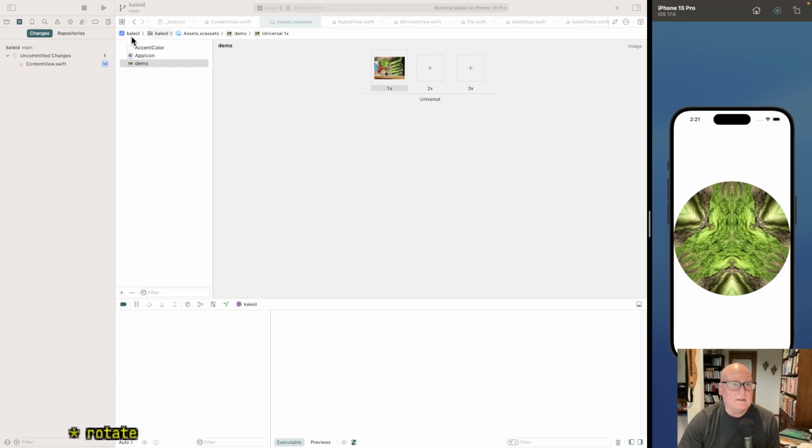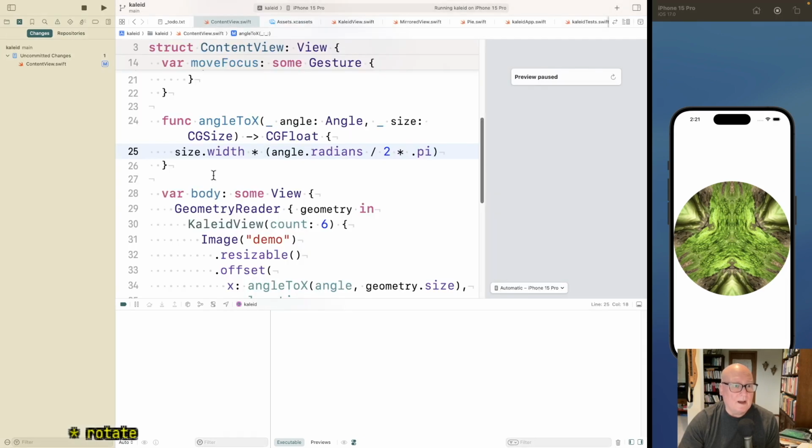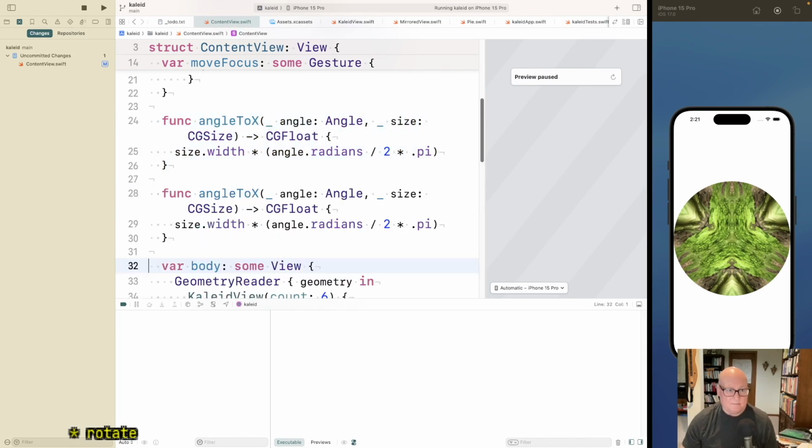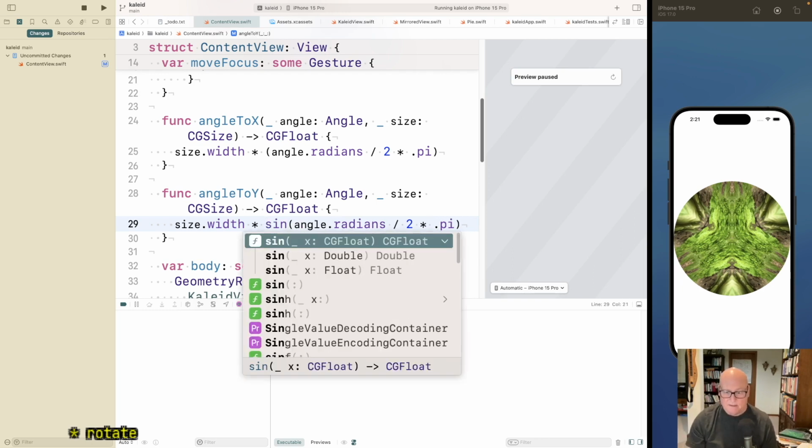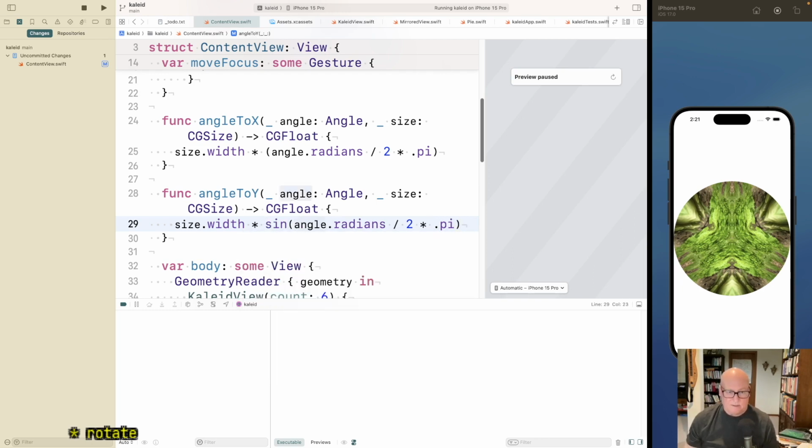All right, and let's try the Y. Angle to Y. All right, I want to take the angle. Well, I want to take the angle and take the sine of that, but okay, for starters, maybe.